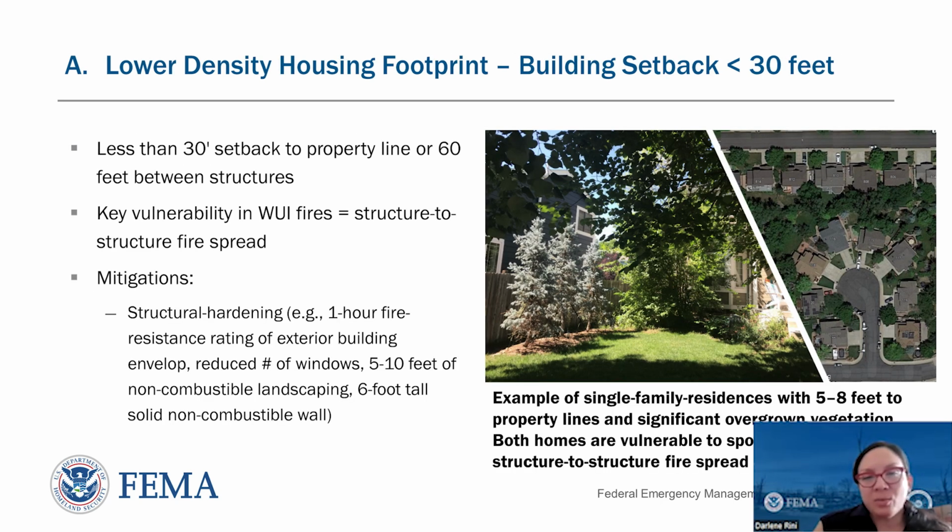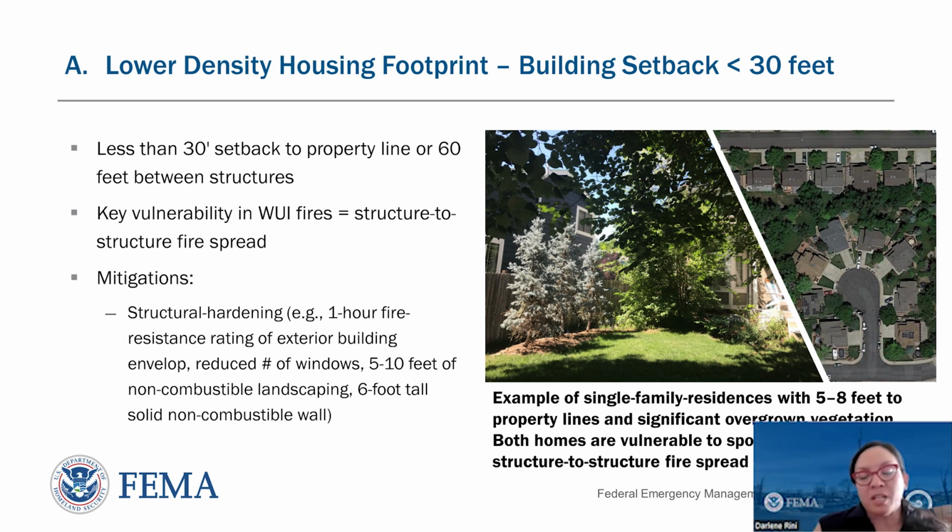So in the condition where we have low density housing and we do not have a building setback of more than 30 feet to adjacent structure, this particular spatial constraint is actually one of the main vulnerabilities that we see in wildfires.